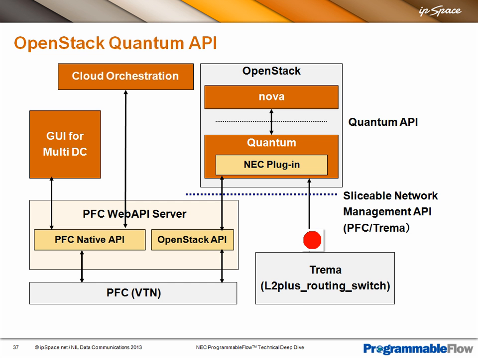And Quantum also works with the other OpenFlow controller from NEC, the open source one. And here down below, we have the virtual tenant networks of PFC. So you can use PFC today if you're deploying OpenStack, and it will configure the network for you.